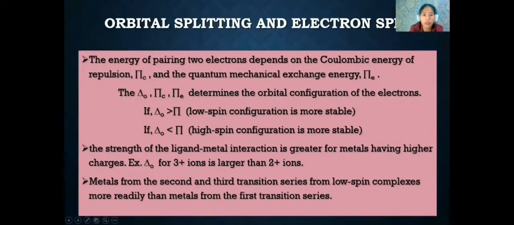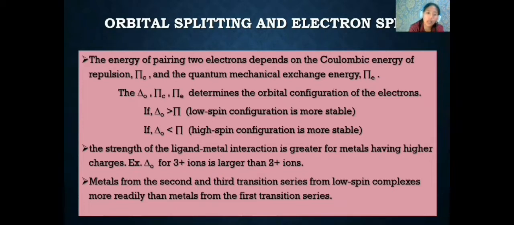The energy of pairing two electrons depends on the Coulombic energy of repulsion and the quantum mechanical exchange energy. So the delta O, the Coulombic repulsion, and the exchange energy determine the orbital configuration of the electrons. If the delta O is greater than the Coulombic repulsion energy, it has a low spin configuration, which is more stable.